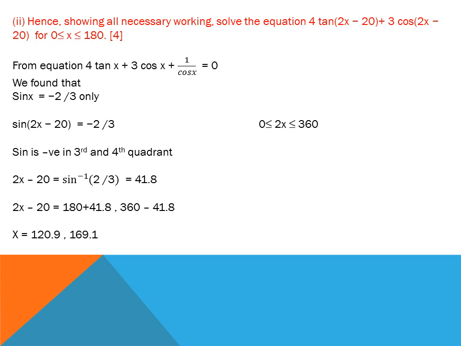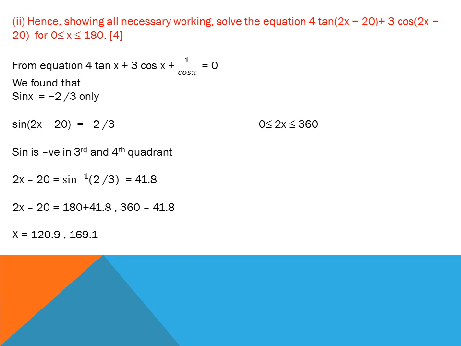From the previous equation we find that sin(2x minus 20) is equal to minus 2 by 3. I used this identity because I have already proved that tan x plus 3 cos x plus 1 over cos x is equal to 0 changes into sin x is equal to minus 2 by 3.